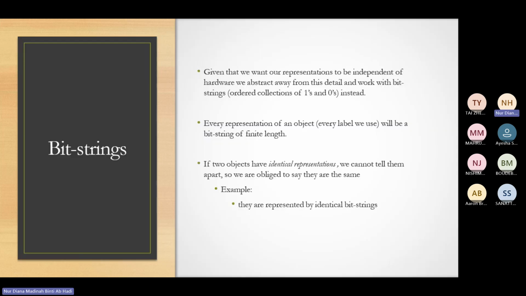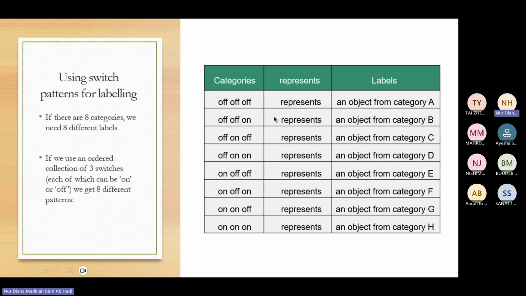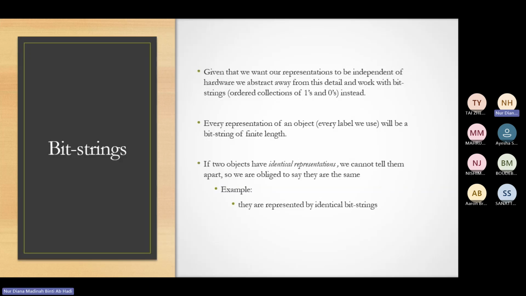We humans can understand the terms off and on, but does our machine understand? No, right? So that's why we need to use the bit string. Given that we want our representation to be independent of hardware, we abstract away from on and off and work with the bit string, an ordered collection of 0 and 1.